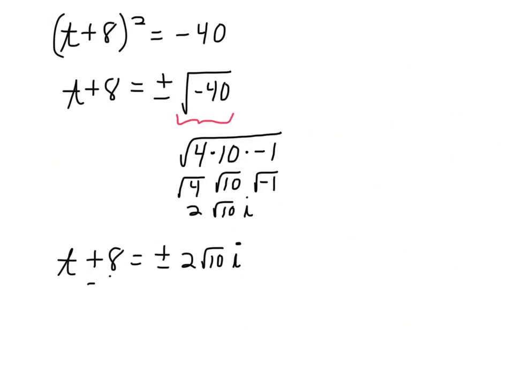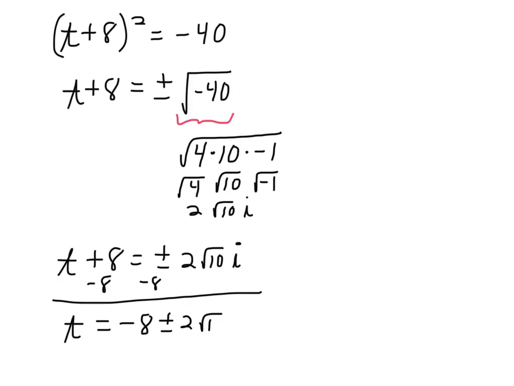And then to finish it, you just subtract 8 from both sides. So t equals negative 8 plus or minus 2 root 10 i. And those are also complex solutions because they're of the form a, which would be negative 8, plus bi, where b is 2 root 10 or negative 2 root 10.